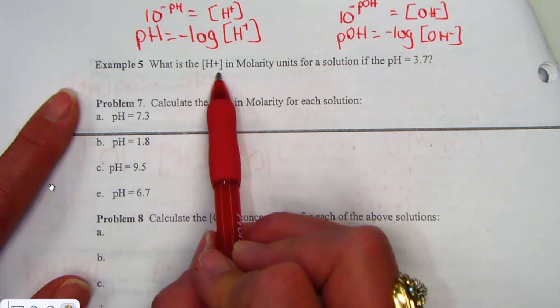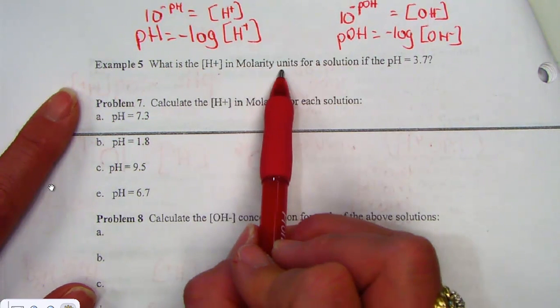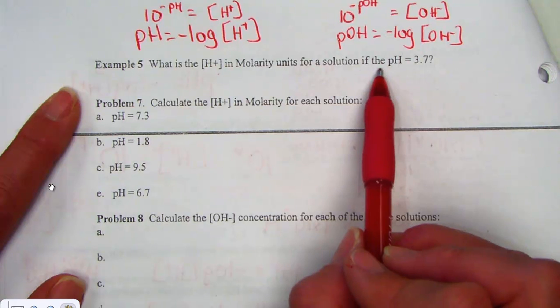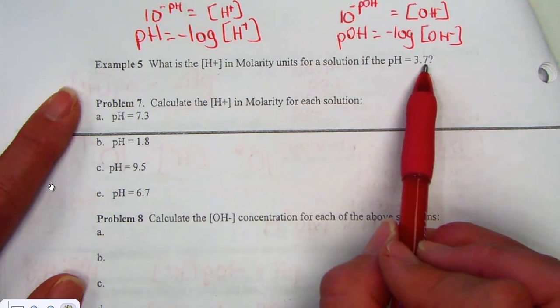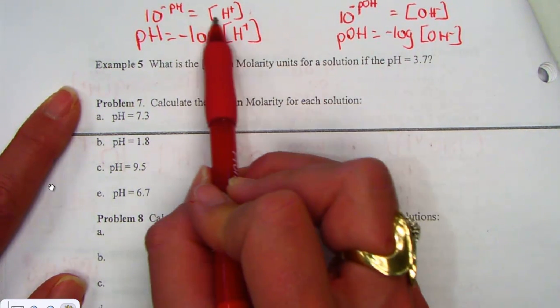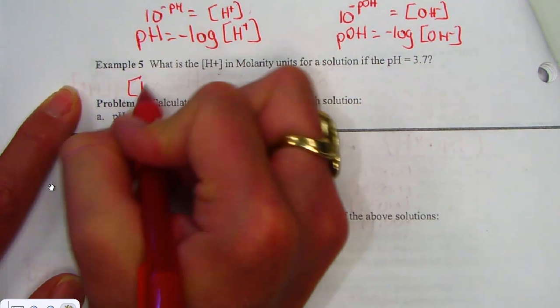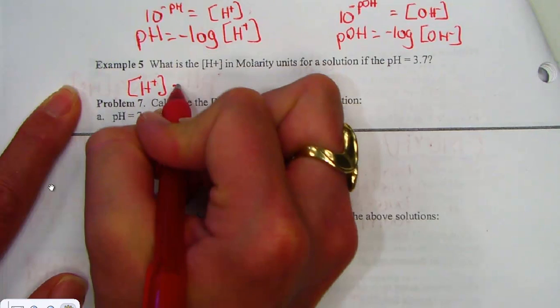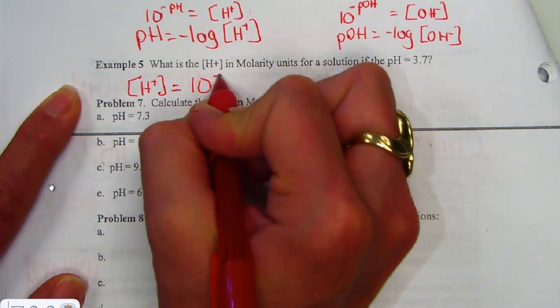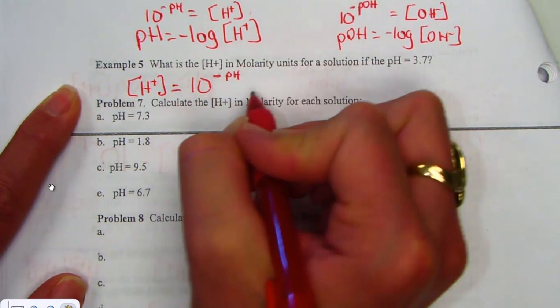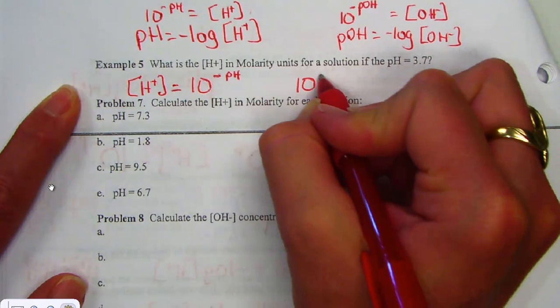What's the hydrogen ion concentration in molarity units for a solution with a pH of 3.7? I know the pH. The hydrogen ion concentration can be found by hitting 10 raised to the negative pH value. Hit on your calculator.